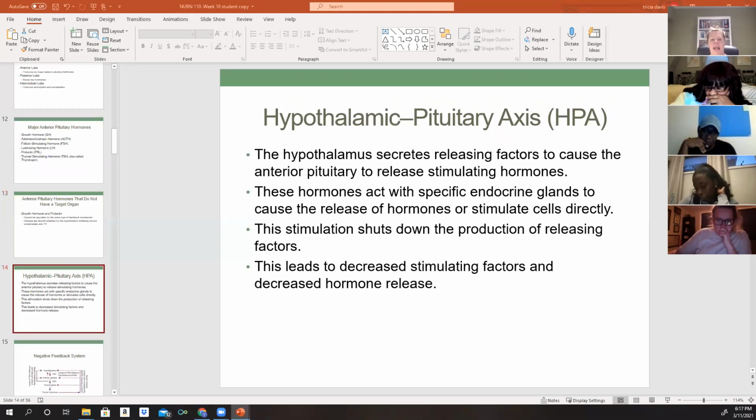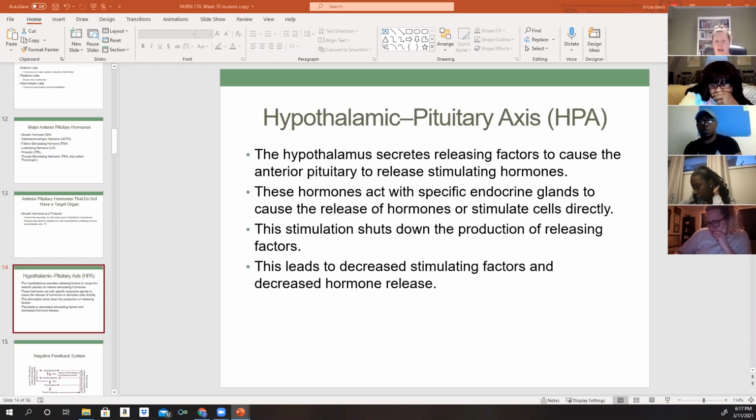The hypothalamus and the pituitary work together to help maintain that endocrine activity that we've been talking about. We call that endocrine activity inside the body. It all occurs upon this specific axis. It's the hypothalamic pituitary axis, or HPA. This system uses a number of negative feedback systems.